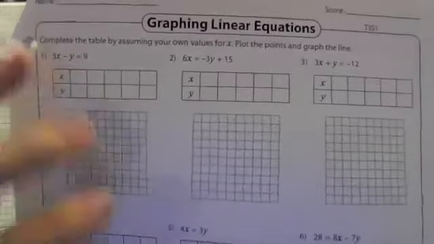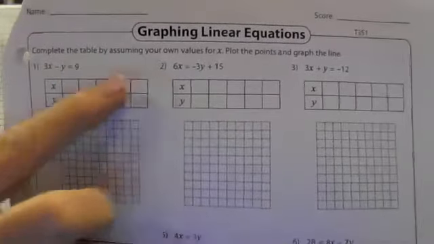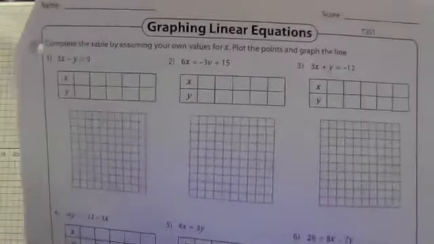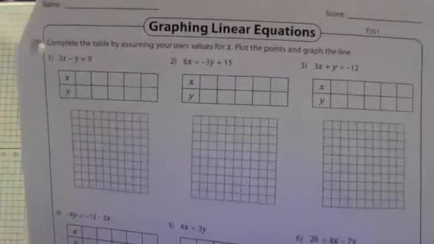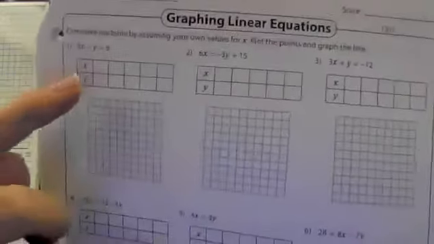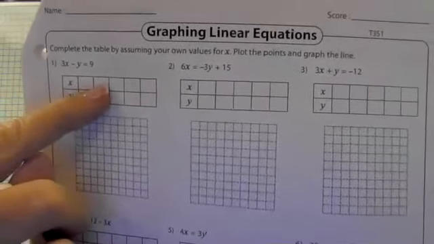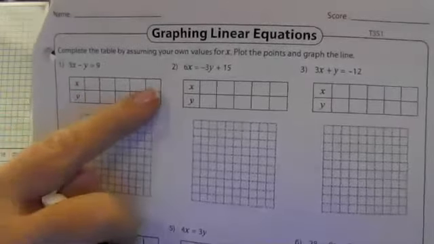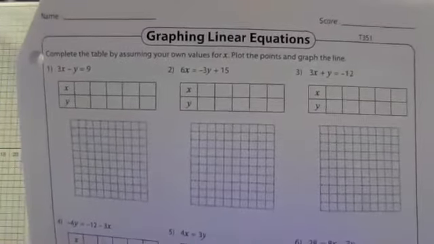So the numbers I used, and you do not have to use these, you can use any numbers you want. But the suggestion they said was the negatives, positives, and 0s, and keep the numbers small. So you don't have giant numbers to graph. Now the ones that I used were -2, -1, 0, 1, and 2. You can use those if you want. You do not have to.